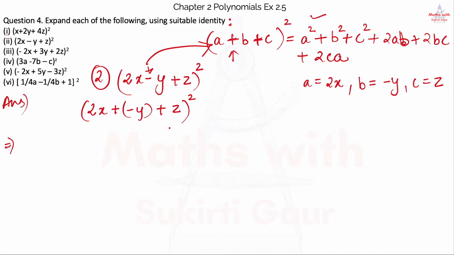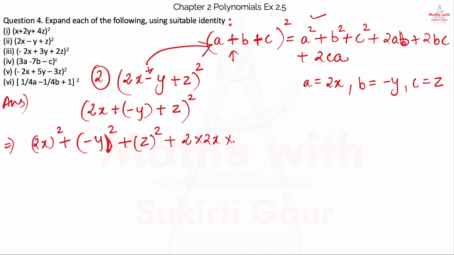Taking all these values, we are going to expand it as a square, (2x) square, plus b square, (minus y) square, plus c square, z square, plus 2ab, 2 into a is 2x into b is minus y, plus 2bc, minus y into z, plus 2ca, 2 into z into 2x.